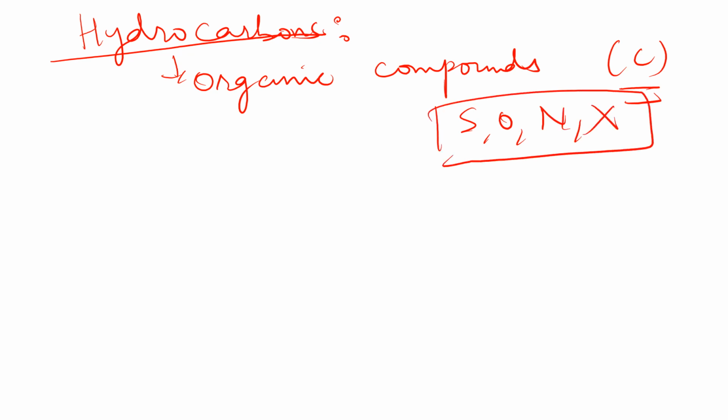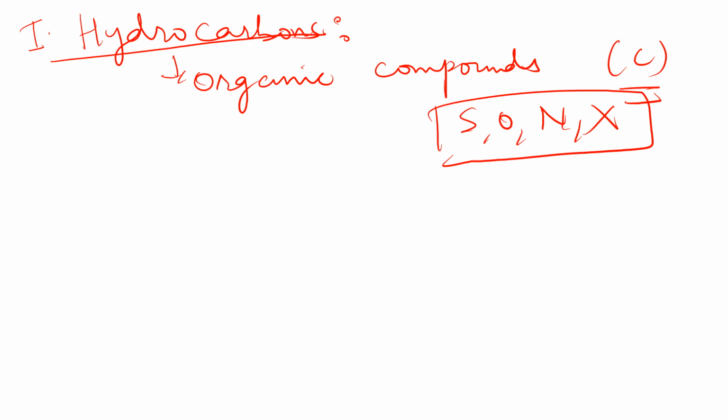Whenever carbon forms bonds with itself and with other elements like sulfur, oxygen, nitrogen, halogen, those compounds are called organic compounds. Mostly carbon forms organic compounds, except some compounds like carbonates, oxides, alloys, and cyanide salts. So the first organic compound we are discussing today is hydrocarbons.